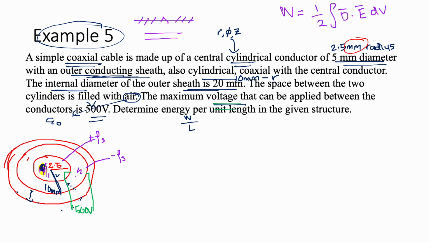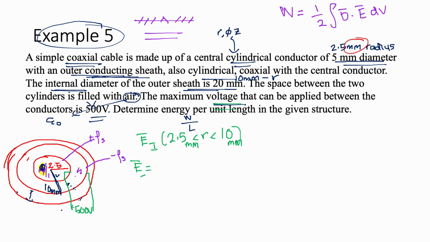So E will only exist in region 1, where your r is between 2.5 millimeter to 10 millimeter. We need to write millimeter because this is not in SI unit, right?